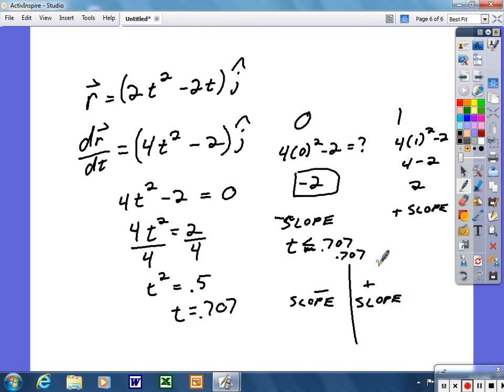So in other words, negative, negative, negative, negative, negative, positive, positive, positive, positive, positive. In this case here, I have what is called a rel min.